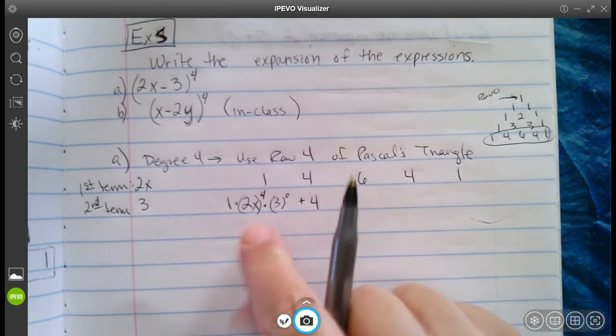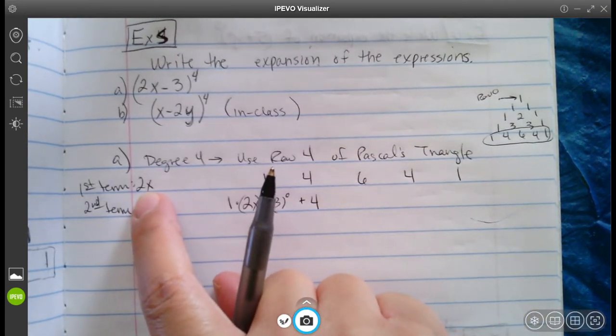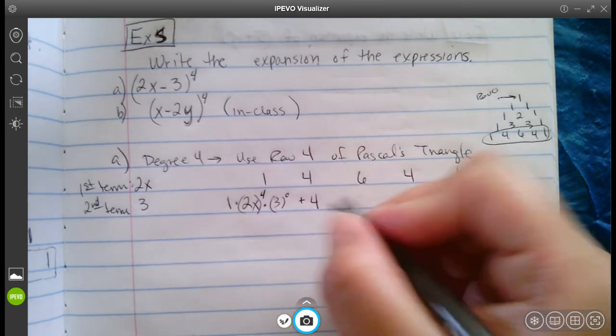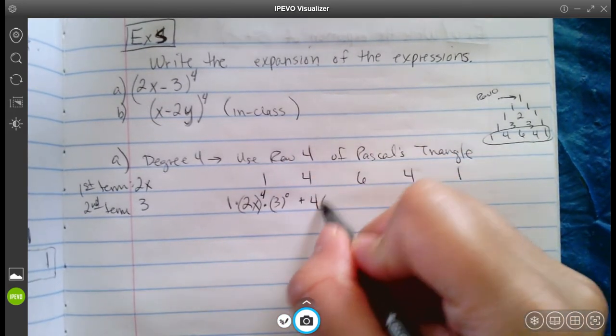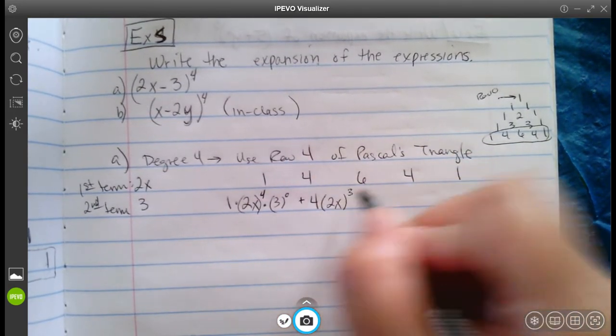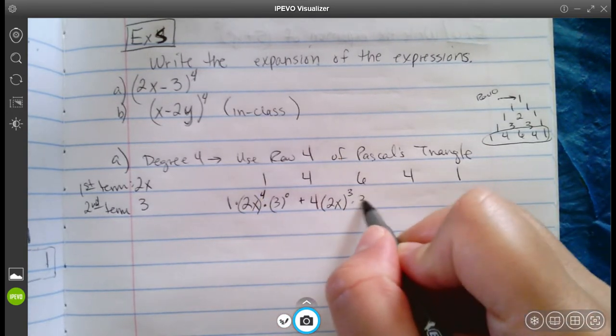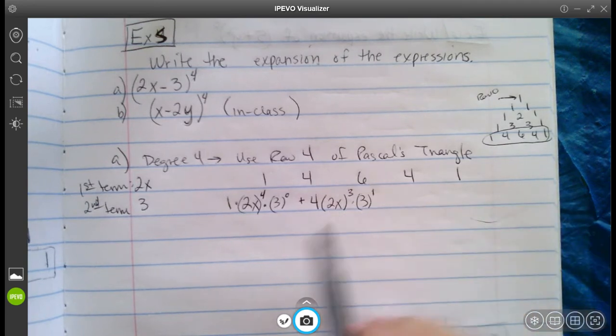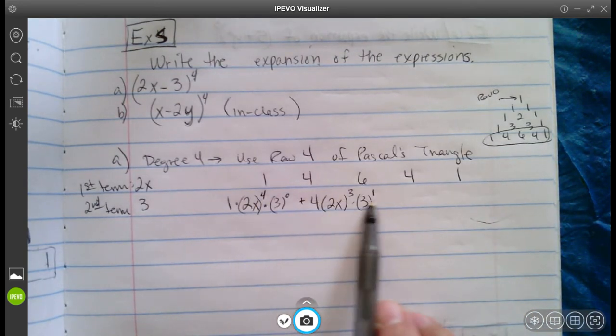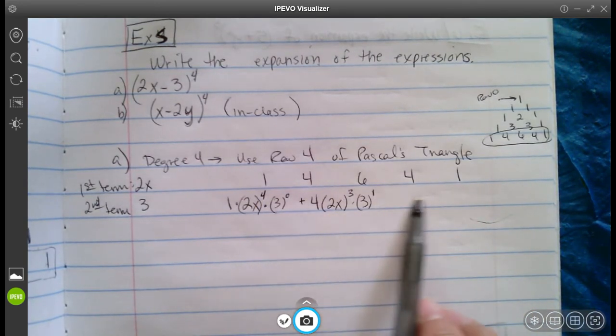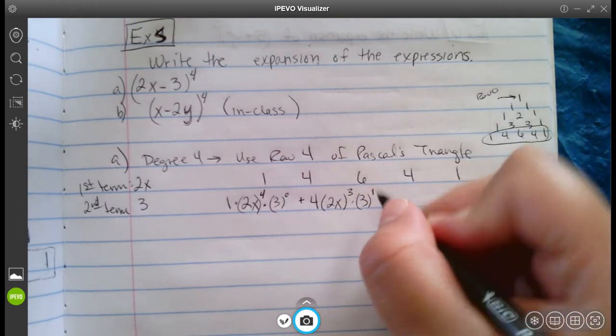We got to put that in parentheses because 2x is the whole term, right? So 2x to the 4th power. So for the next one, we have 4 times 2x to the 3rd power, because 3 comes before 4, times 3 to the 1st power. So we're going down this way for 2x, and we're going up this way for the 3.